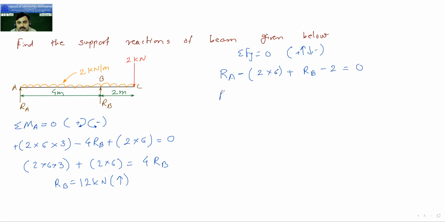So RA, it will be as it is, minus 6 × 2, 12, plus RB plus 12, then minus 2 is equal to 0. Therefore, RA is equal to this plus 12 minus 12 will get cancelled. Minus 2, if you transfer to that side, it will become plus 2. These are the final answers.